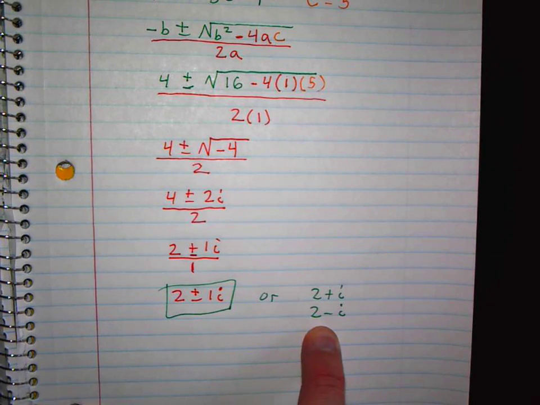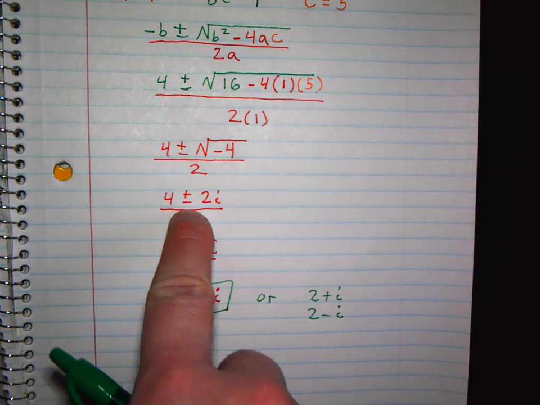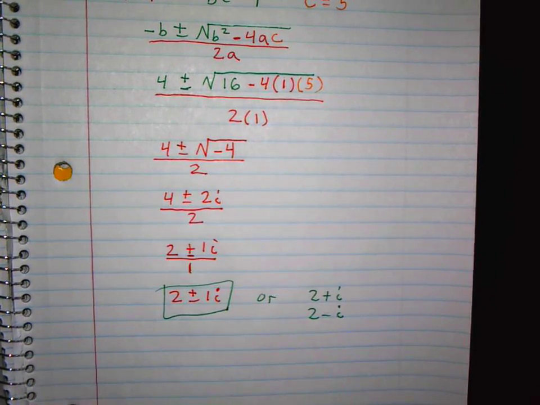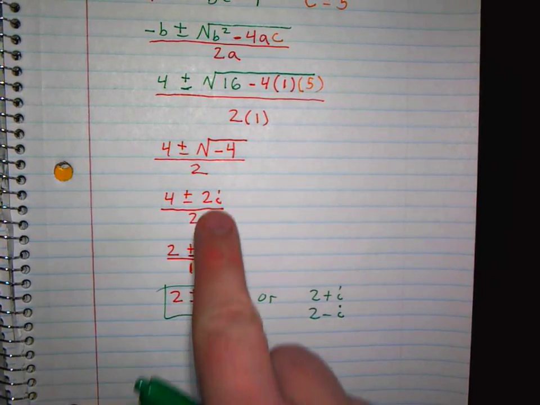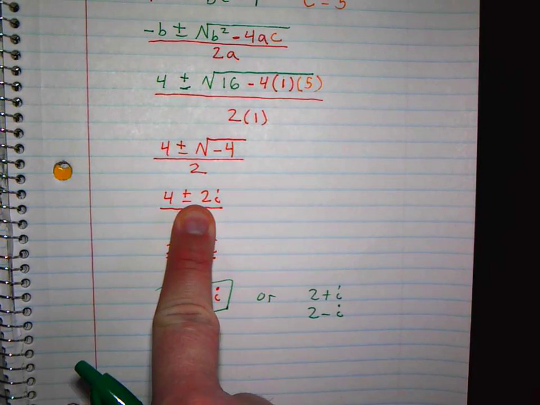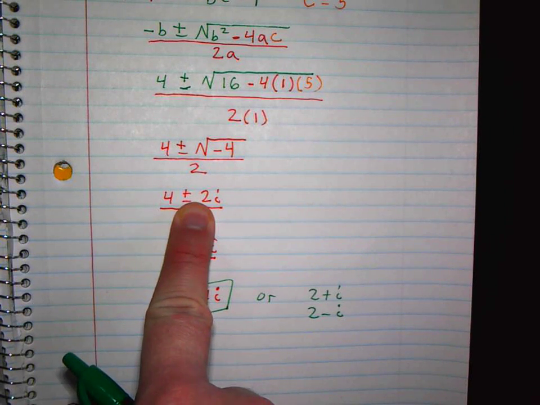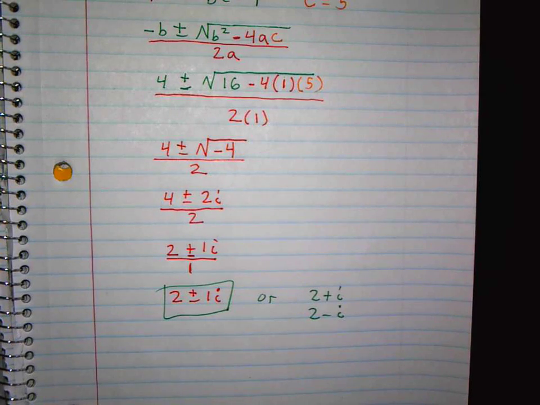If you leave your answer like this, you're close, but you didn't reduce, and so I would take off a little bit of a point. But anytime you have a rational, you should simplify it if you can. Questions? So that one was pretty easy, I thought.